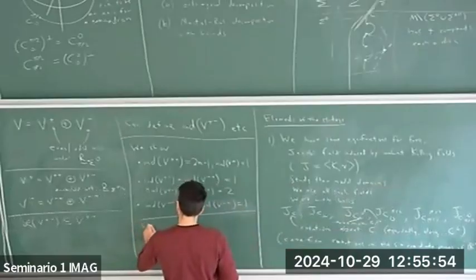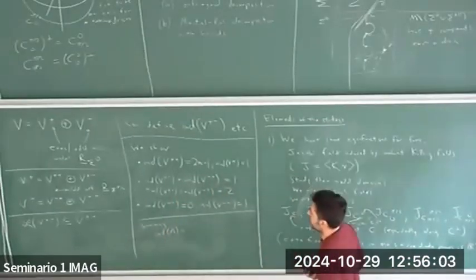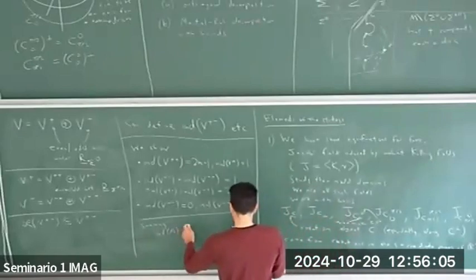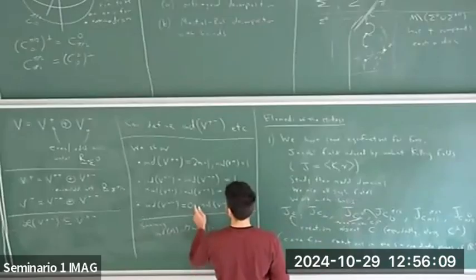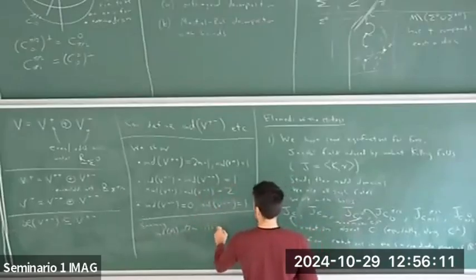So summing. Okay, so if we sum the index, we get 2 minus 1, plus 1, plus 1, plus 2.